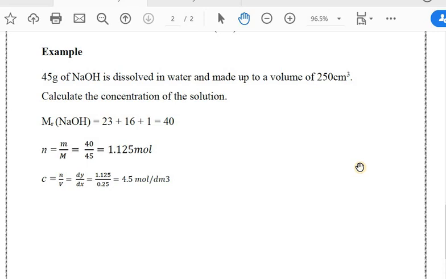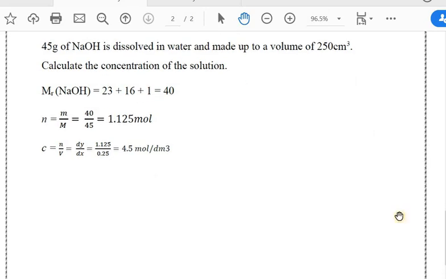Just looking at it, I know that if we say 40 divided by 45, it's going to give us a number that's not bigger than 1, because 40 is smaller than 45. Instead, it should be 45 divided by 40, which will give us 1.125. Okay? And now you've calculated the number of moles that are there in 45 grams. So 45 grams is 1.125 moles.